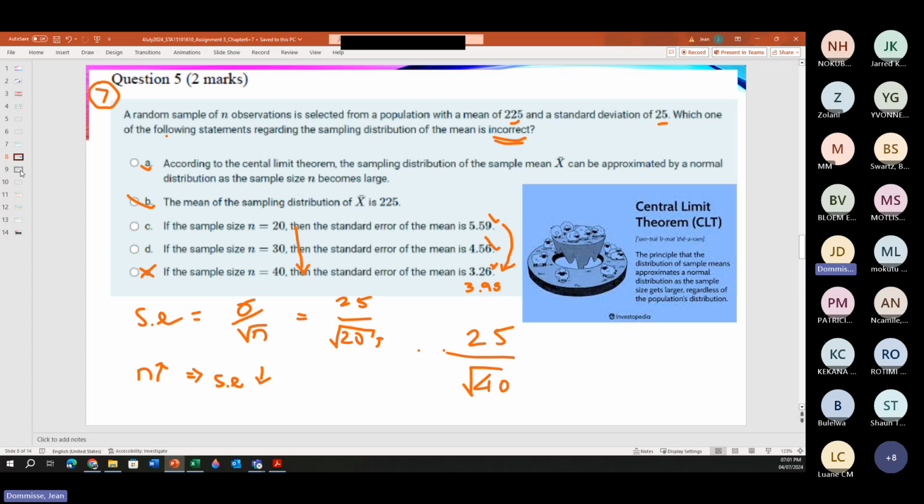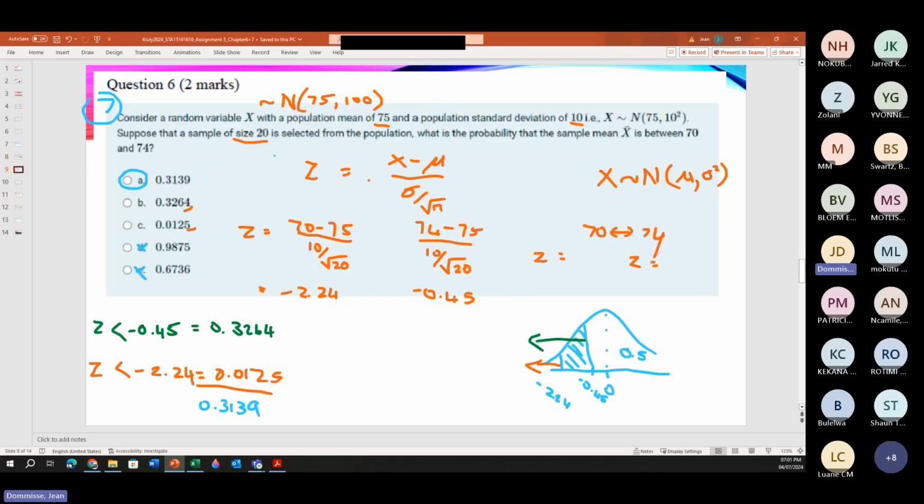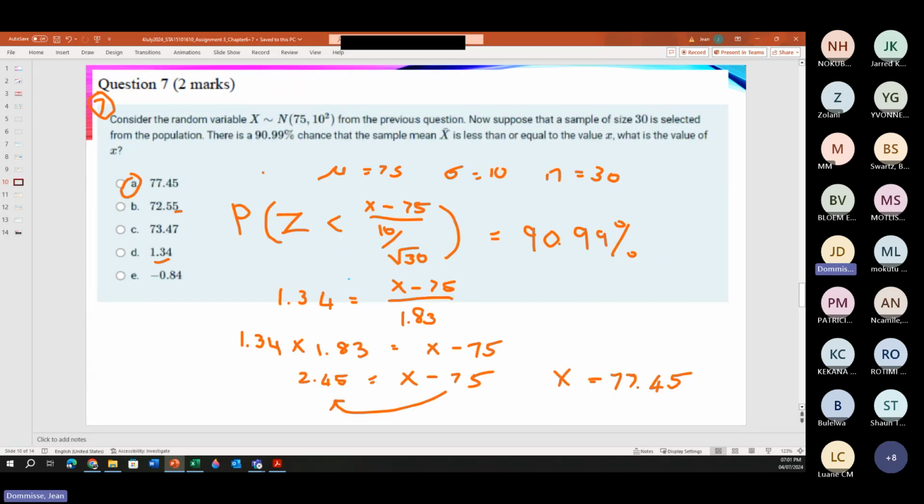Then it was a question where you get everything but you now need to work out the probability between areas. Then we also got to work out the X with study unit 7.